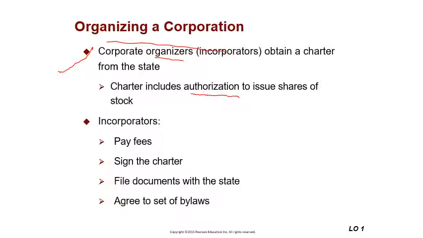So authorization means it is the maximum number of shares or bonds that the company can issue according to its charter. Beyond that, the company needs to revisit its charter and go for renewal of the charter. We have now increased the limit, so it depends on the company charter.